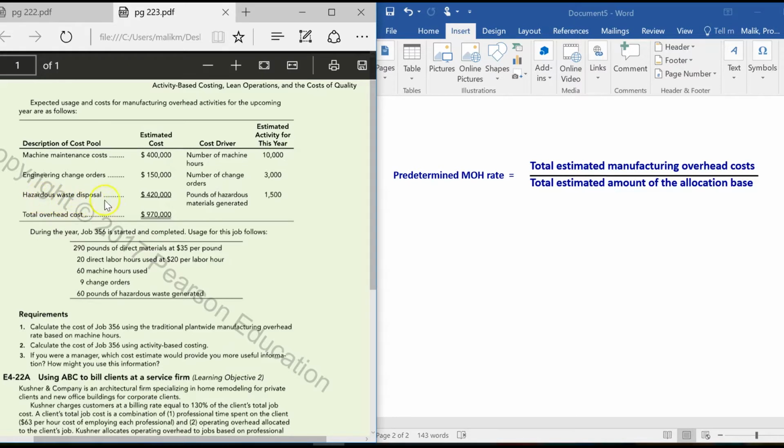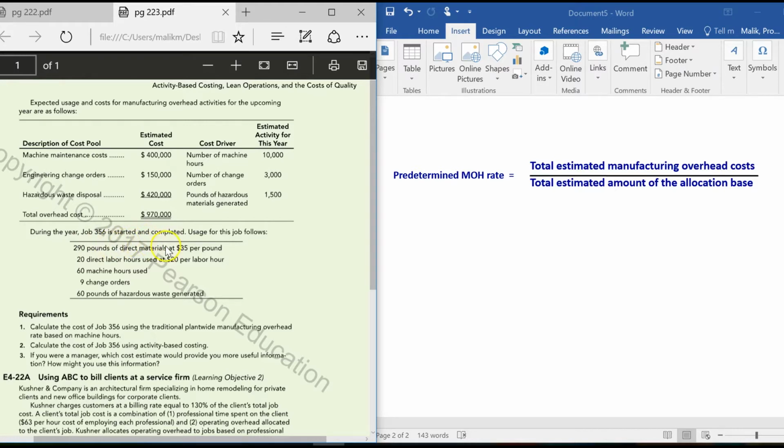And the hazardous waste disposal cost is determined by the pounds of hazardous materials that the company generates. So the company also estimates the total amount of allocation base or cost driver for every activity. And then they gave you a certain job number, which is job 356.